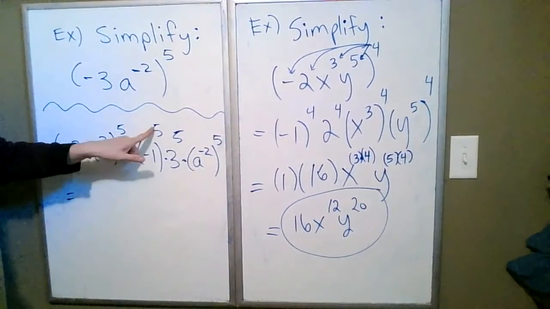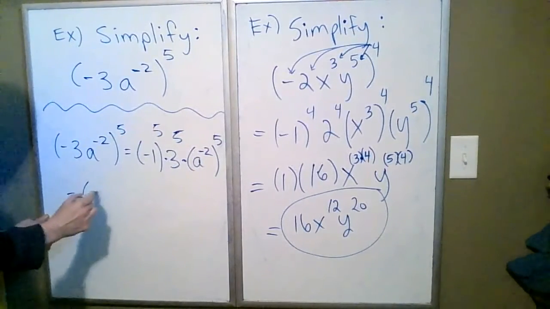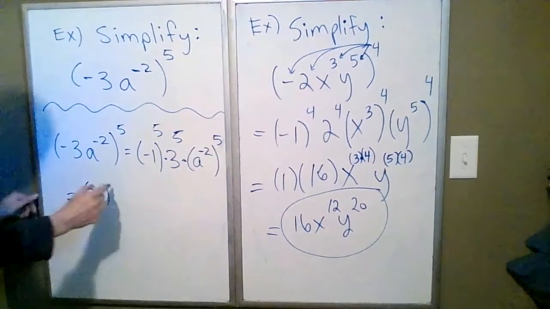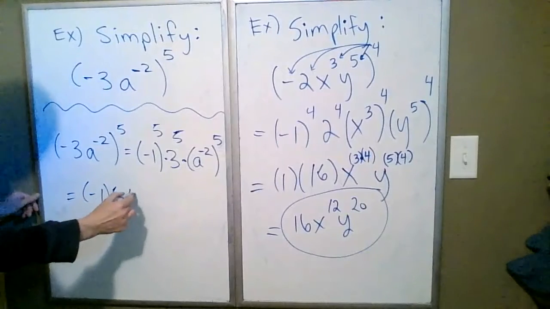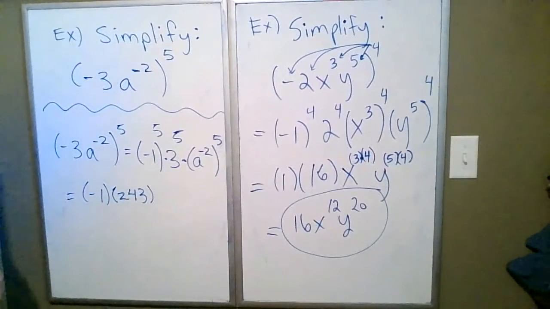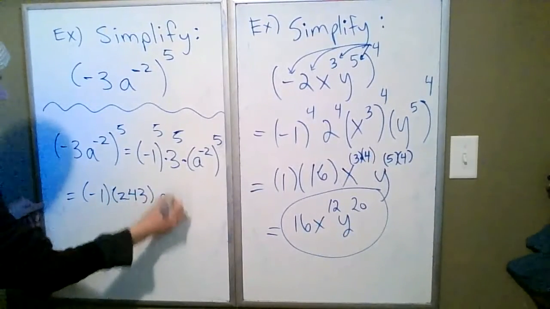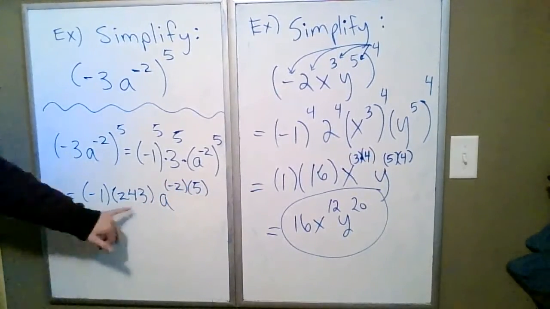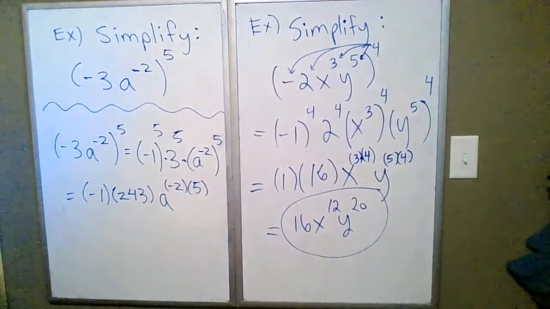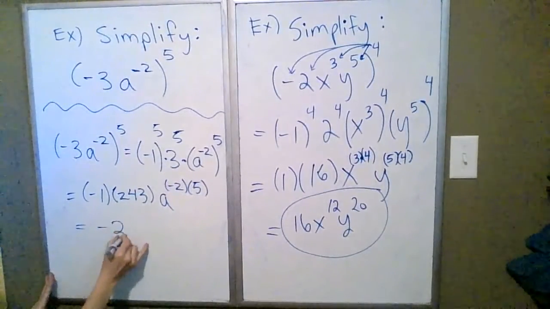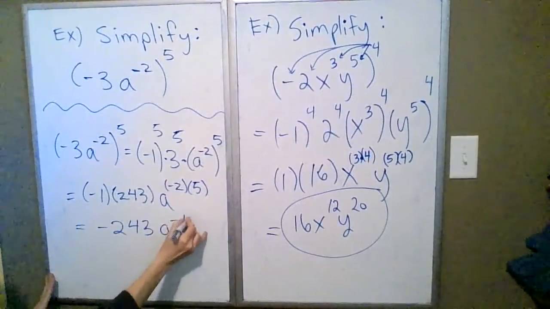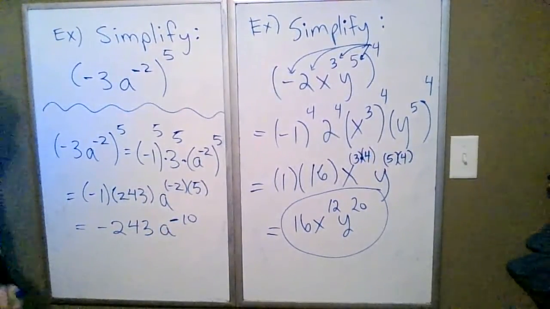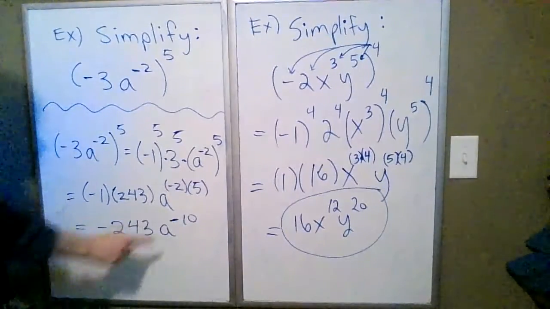Negative 1 with an odd power is negative 1. 3 to the 5th is 243. And a has the power of negative 2 times 5. So negative 243, a to the negative 10. And probably in instructions, I'll tell you to take care of any negative exponents, but that's the last step.